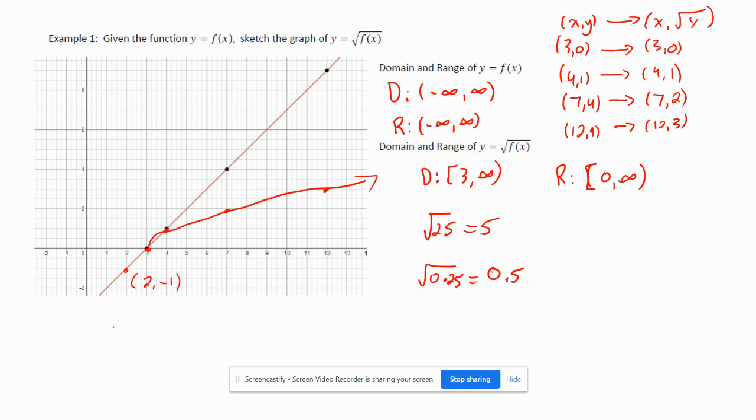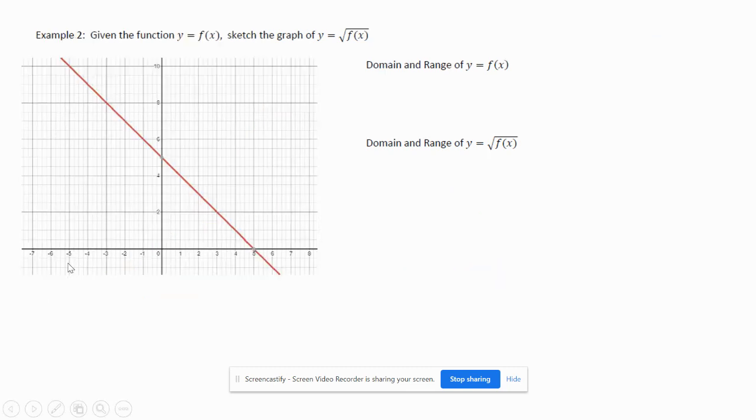Following this rule, my new point would be (2, square root of -1). The problem is we can't take the square root of a negative number. So even if my original function has negative y values, my square root function can't exist for those, because there are no values that work there. So our range is from 0 to infinity.